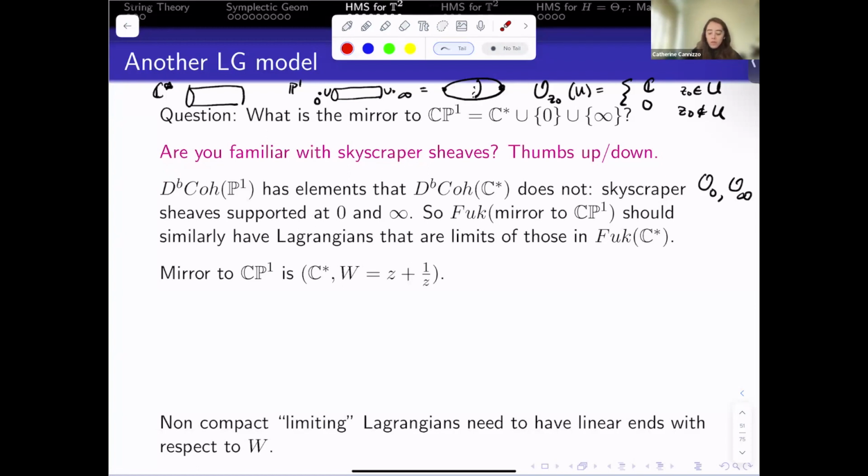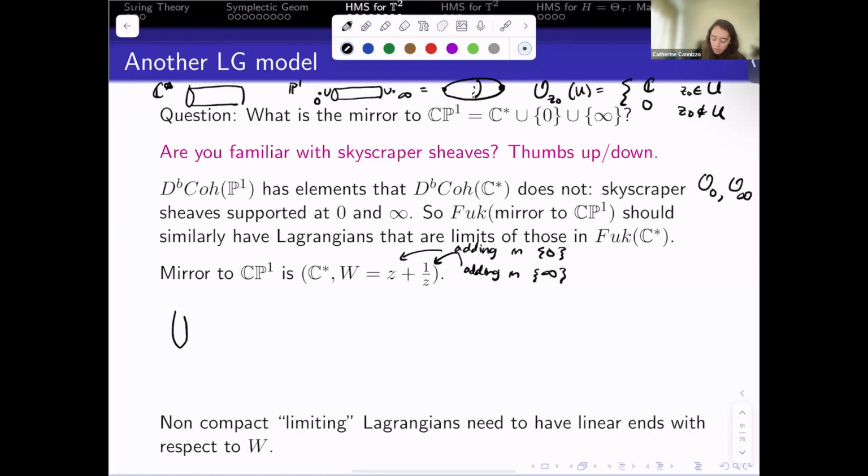Okay. So now we have a superpotential, which is Z plus 1 over Z. And the reason there's two of them is one Z comes from adding in 0, and the other term comes from adding in infinity. And the picture of this limiting Lagrangian is, so let's take this here.